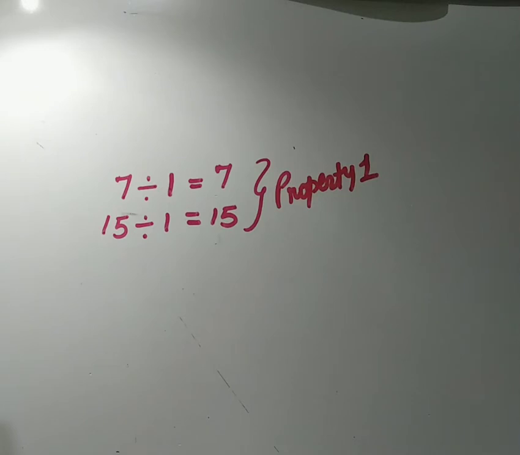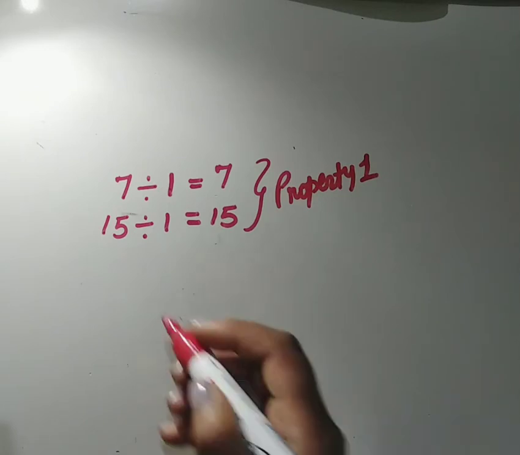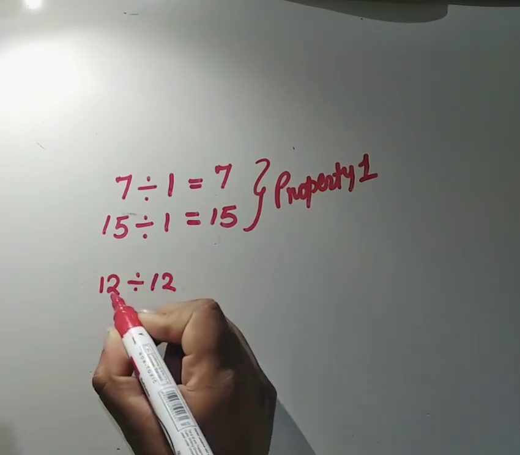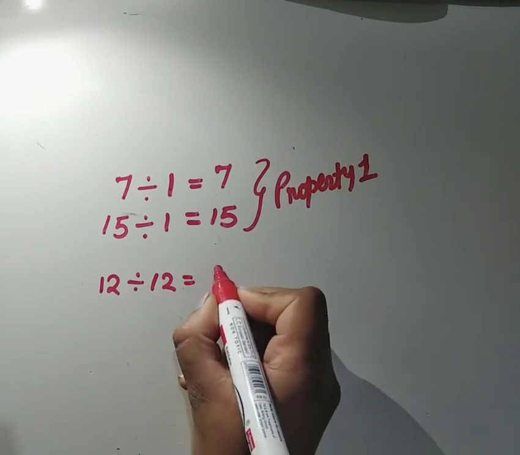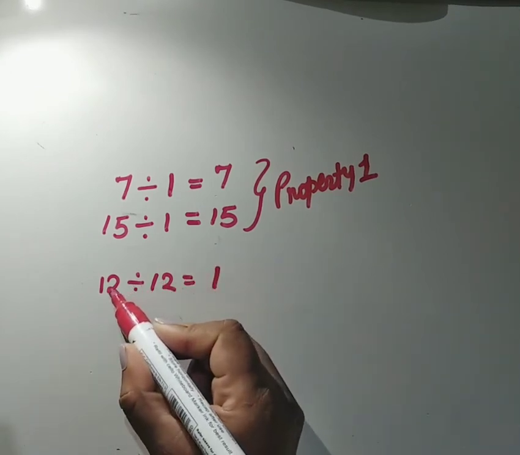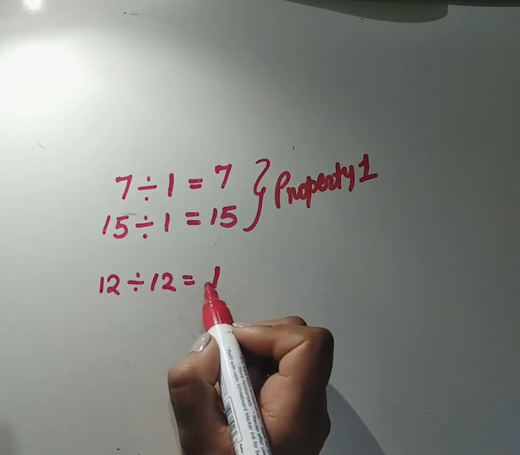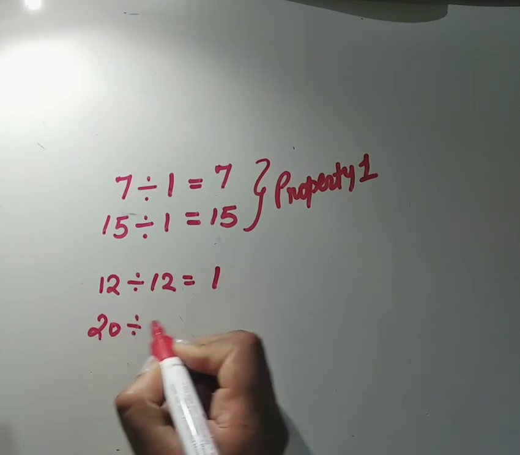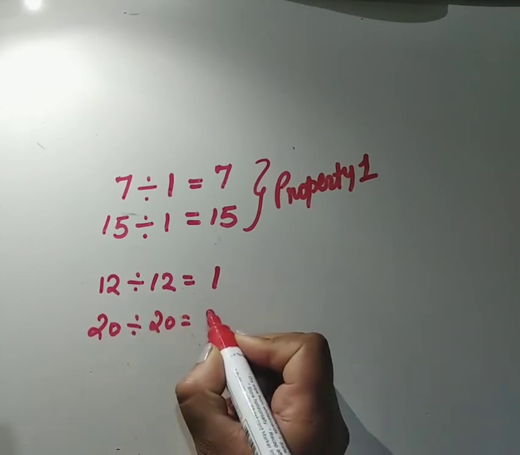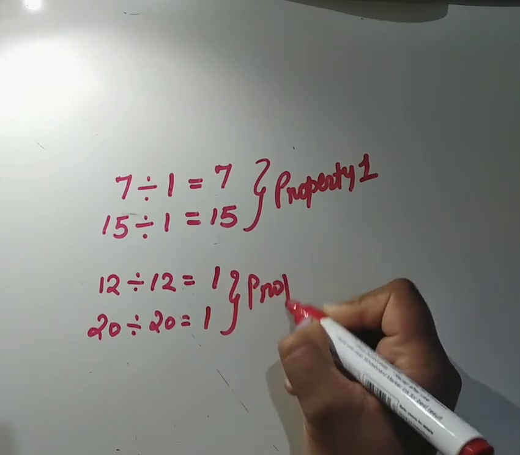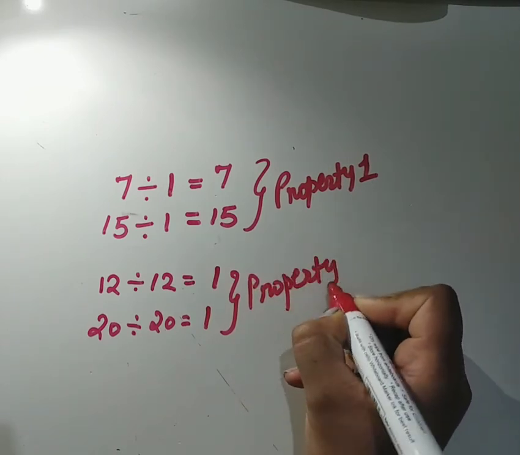Okay, what is property 2 of division? Property 2 of division says, when a number is divided by itself, any number divided by itself, the quotient is going to be 1. 12 times 1 is 12. 12 divided by 12 is 1. When any number divided by itself, the quotient is going to be 1. So this is property number 2.